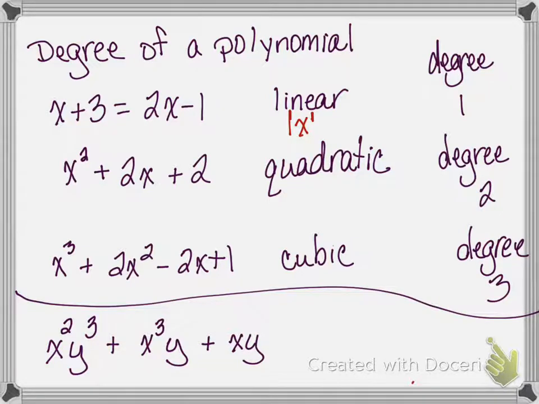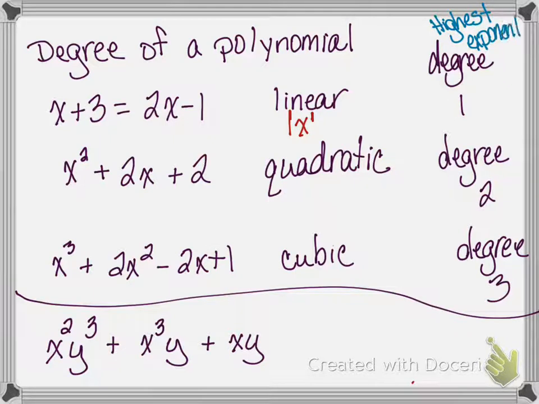So we can write it. Just like we can write that coefficient, we can write that exponent. So for this particular problem right here, my degree is 1. So we are looking for my highest exponent. Okay? The degree of a polynomial is your highest exponent.